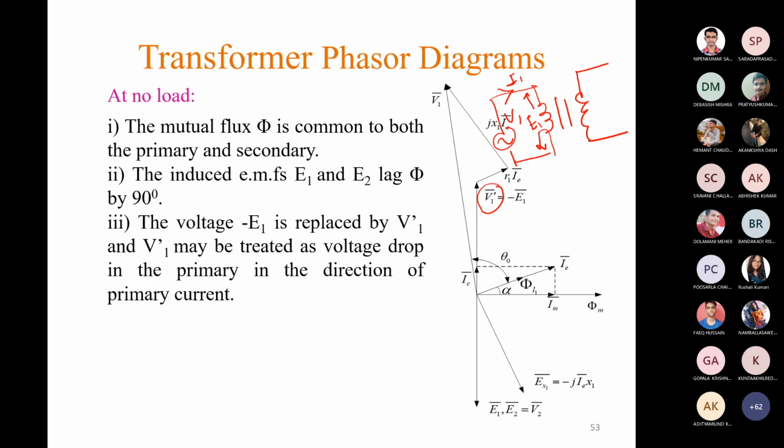There has to be some other voltage which is equal to E1, so that voltage is denoted by V1 dash, which is equal to E1 but in the opposite direction as per Lenz's law. Okay, so that is why we require this new term V1 dash.